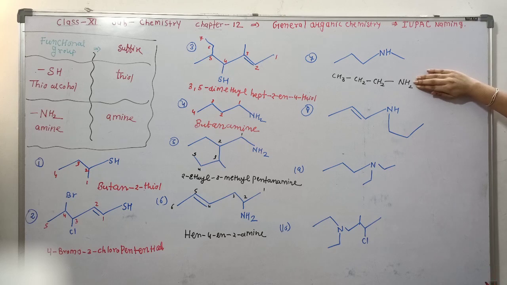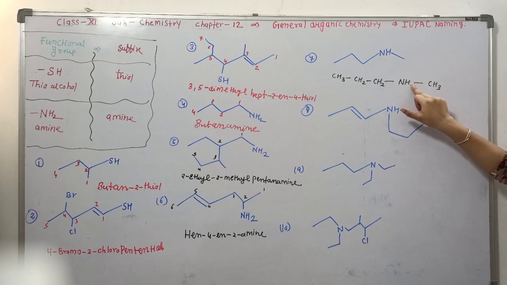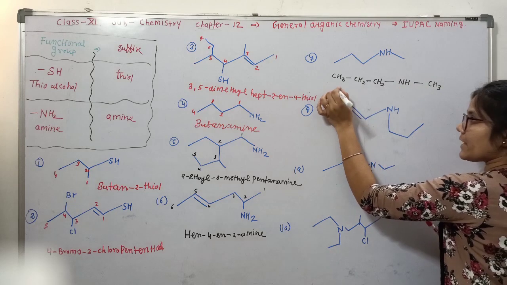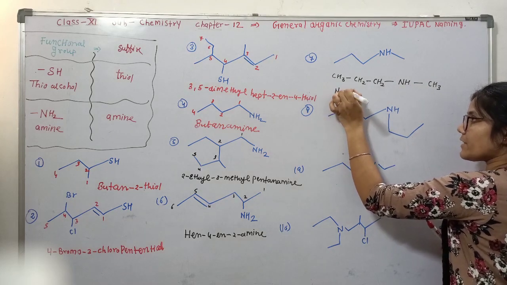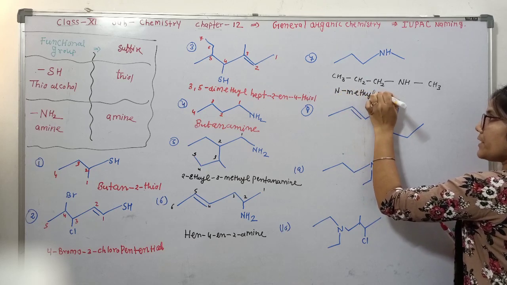If this carbon is not there, then it will be NH2 and we'll name the compound simply as propanamine. But in this compound, one H is replaced by CH3. No matter, this CH3 is connected to nitrogen. So we can name the compound as N-methyl propanamine.